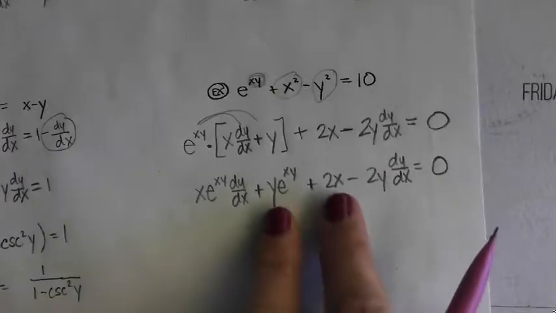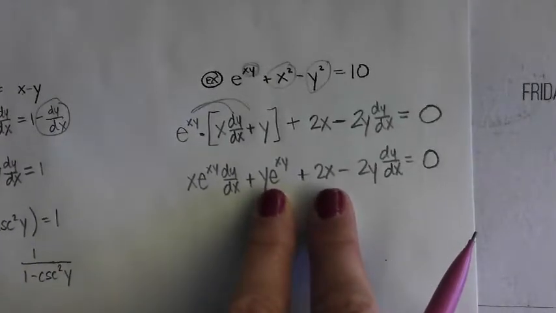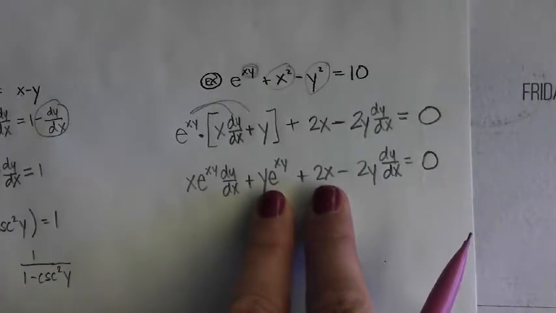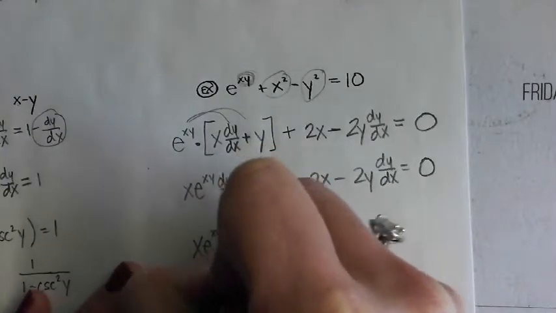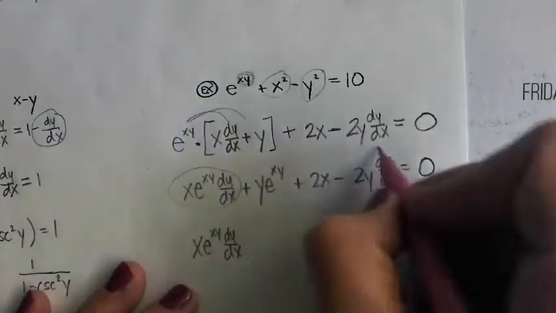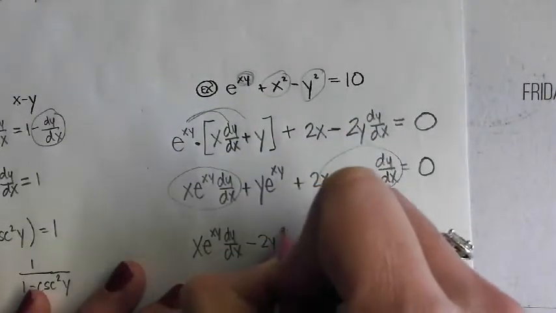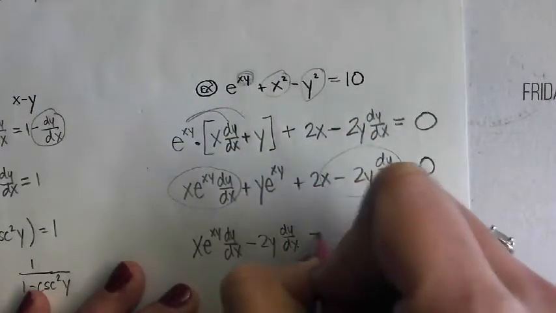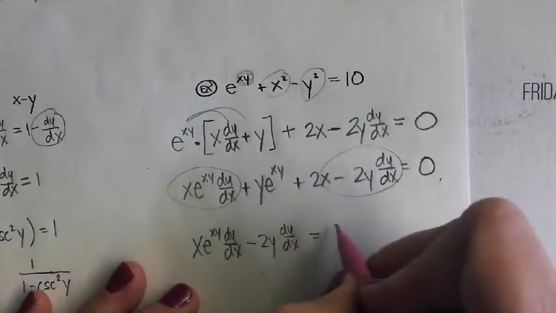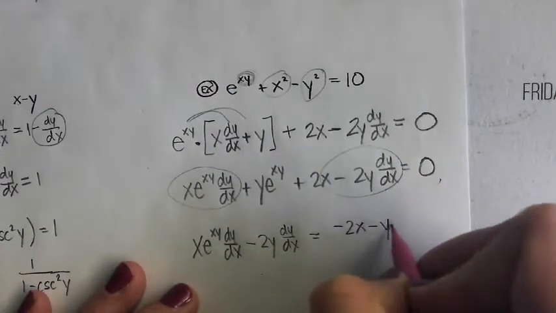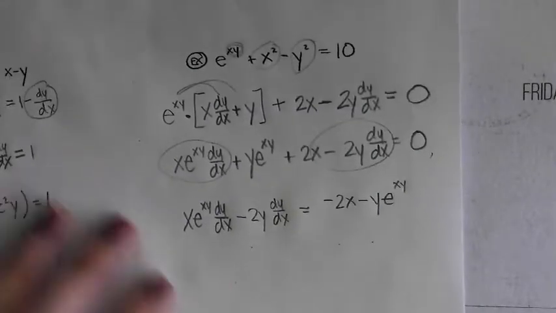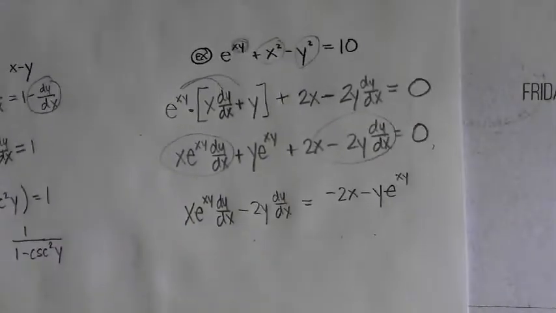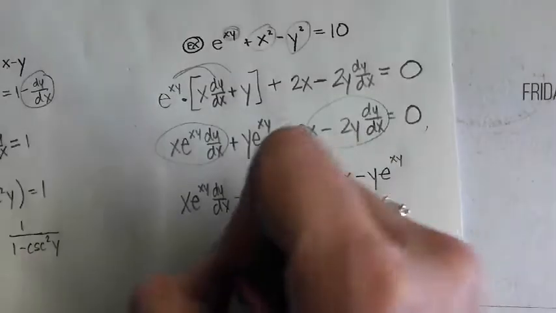And I'm going to move away the non-dy dx terms. So keeping the left-hand side just this term and this term. Subtracting this over, subtracting that over. Factoring out my dy dx.